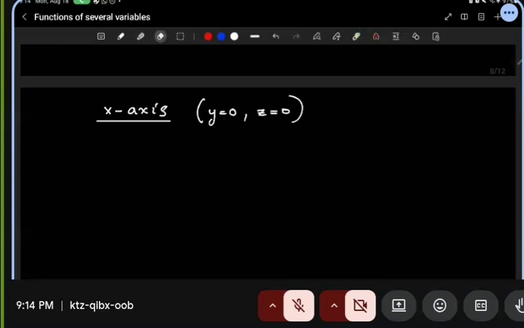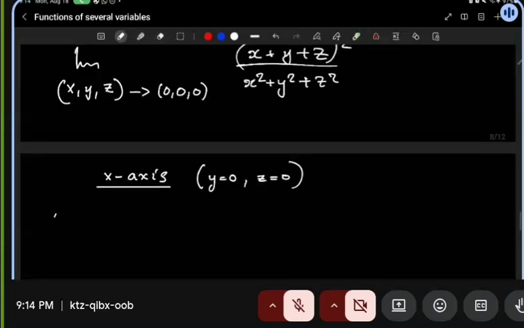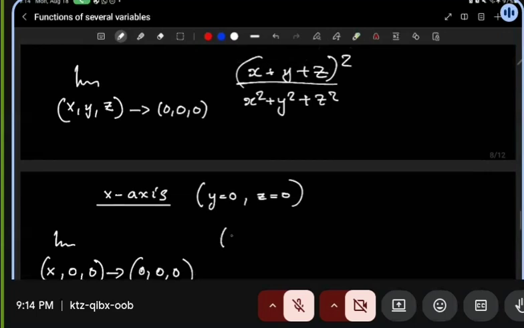So based on that, when I approach along the X axis, X is the only thing that is changing as I approach that point, but Y is 0, Z is 0. And then we are approaching 0, 0, 0. So we are presetting the other two to be zeros, except for X. So we have 0 plus 0.